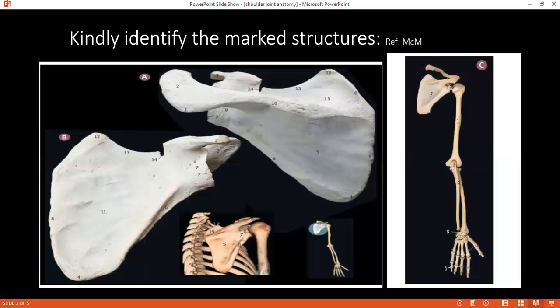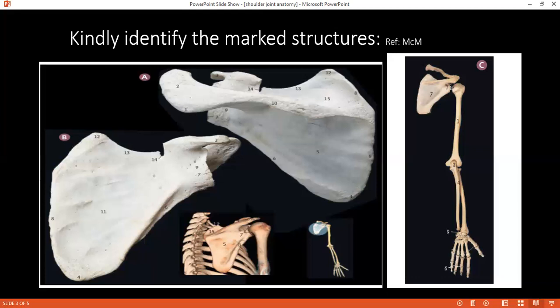It consists of 4: supraspinatus, infraspinatus, teres minor, and subscapularis. And what is the nerve supply of all these 4? Supraspinatus and infraspinatus are supplied by the suprascapular nerve, the nerve to the subclavius supplies subscapularis, and teres minor is supplied by the axillary nerve.